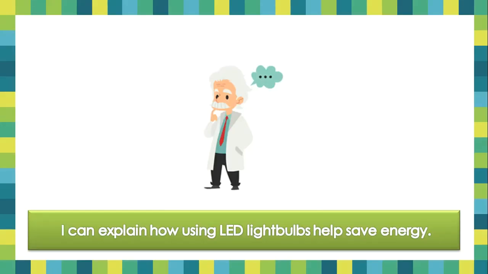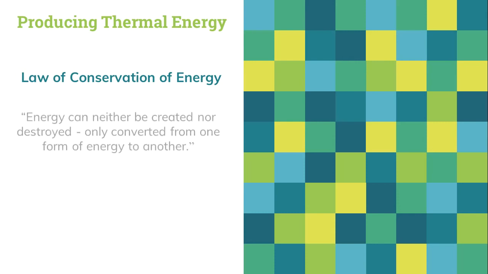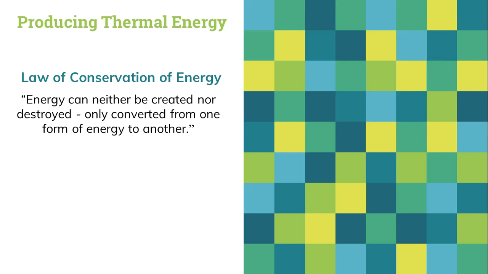Going back to our teaching point, we must remember that we're trying to explain how using LED light bulbs helps save energy. How is that? Alright? So like all energy, thermal energy cannot be created or destroyed. And that takes us back to the law of conservation of energy that we discussed at the beginning of the school year.